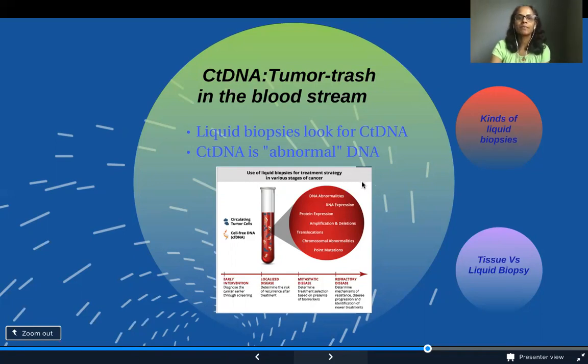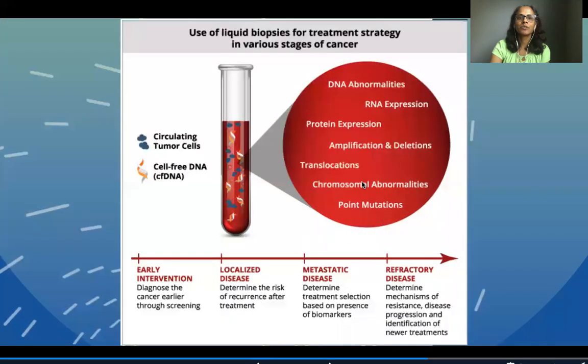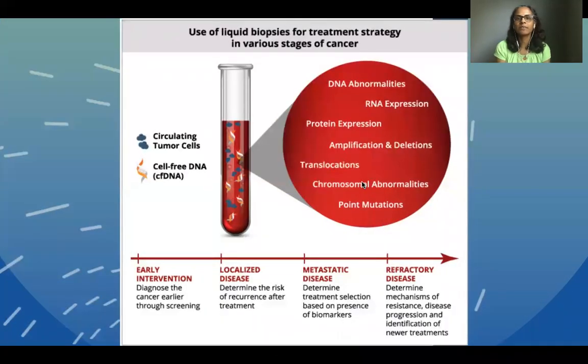So here is a diagram showing the uses of liquid biopsies for treatment in various stages of cancer. In this figure, they're talking about circulating tumor cells, but in colorectal cancer in general, we usually look at circulating tumor DNA, not so much the circulating tumor cells.